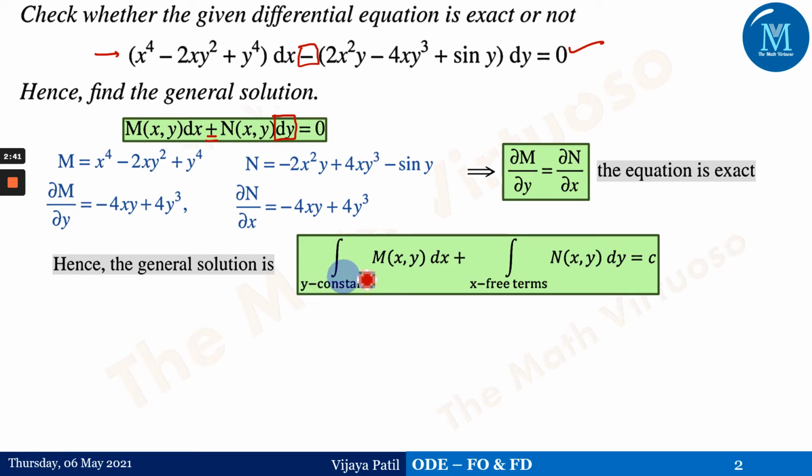The integration of M dx, wherein we treat y as a constant, plus the integration of N dy, where we consider only the terms of N which are free from x. So we do not want the terms of N which are there with x, is equal to c.